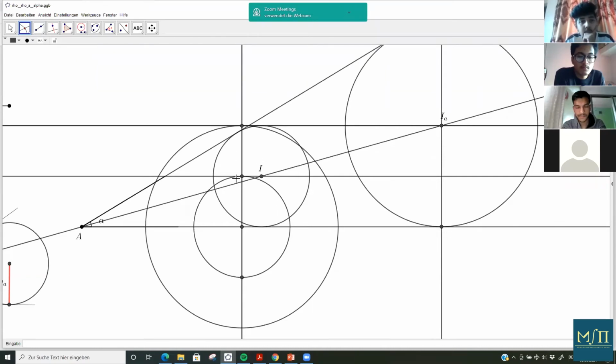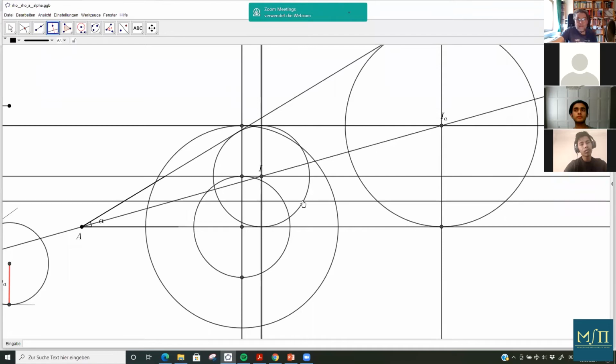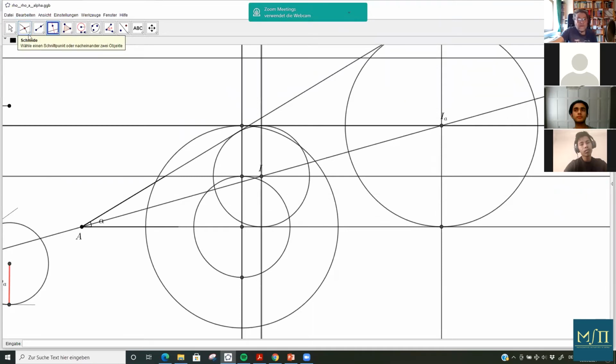And on the other circle, on the in circle, this point will map to the highest point, because of course we have a horizontal tangent in this point, and we'll also have a horizontal tangent in this point. So if we simply draw the perpendicular here and intersect this perpendicular with the circle, there we are, and we'll get this point here.